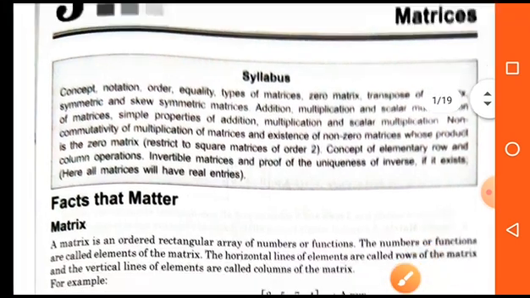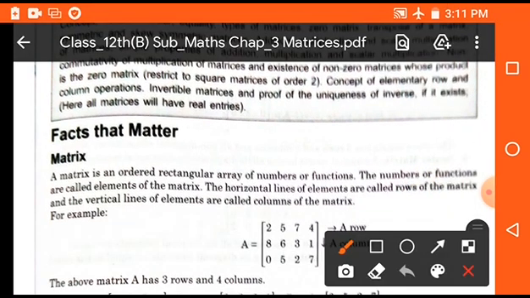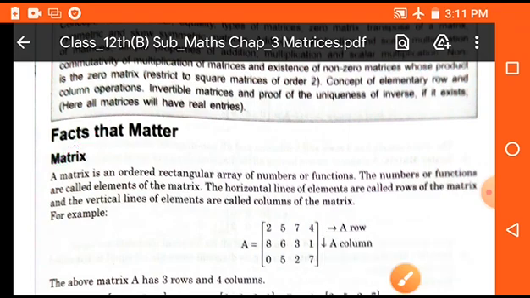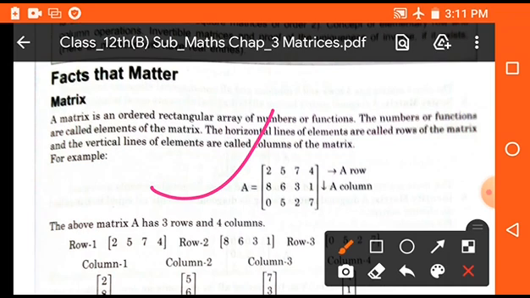So first of all, I want to tell you what is the meaning of matrix. Students, a matrix is an ordered rectangular array of numbers or functions. That means you can say that a matrix is a combination of some functions or numbers which are arranged between two lines, and it forms a rectangular shape.